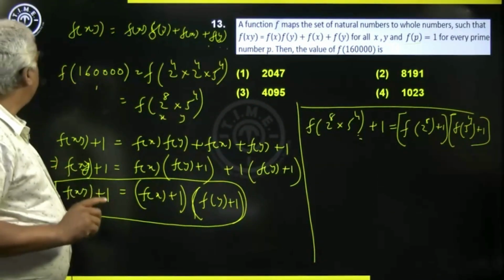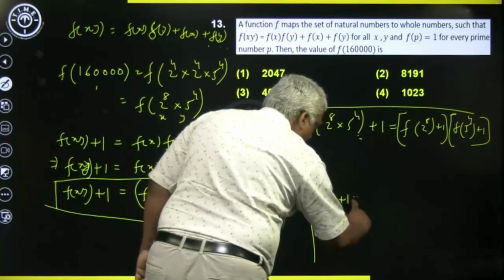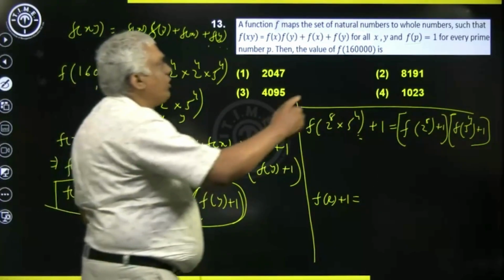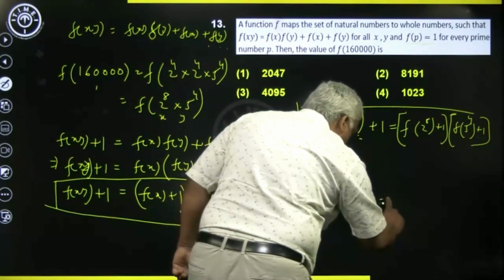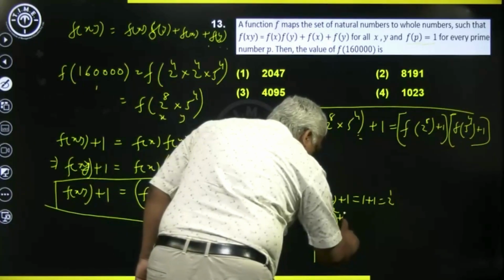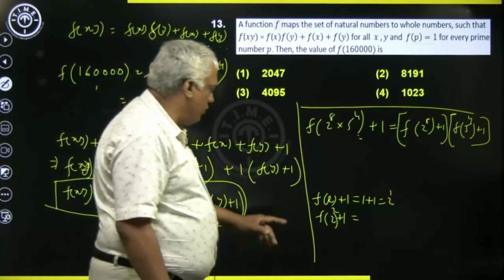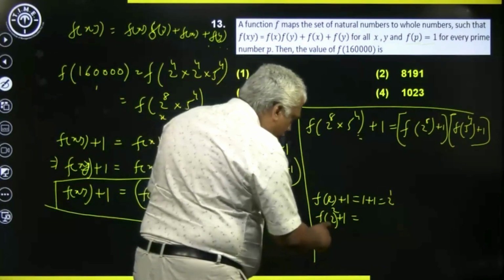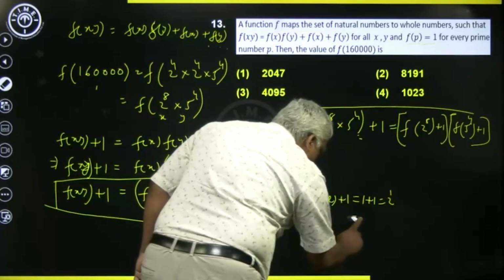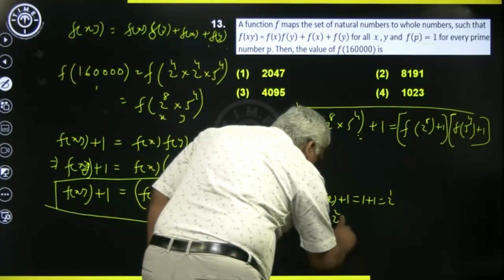Now, let us see the pattern. Let me find f of 2 plus 1. 2 is a prime number, so f of 2 is 1, so it will be 1 plus 1, which is 2 to the power 1. Let us find f of 2 square plus 1.